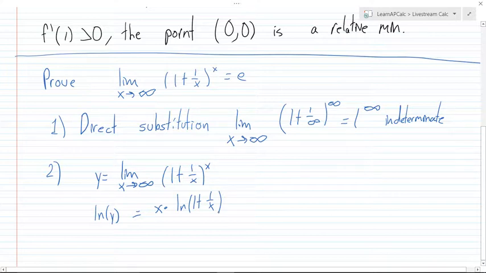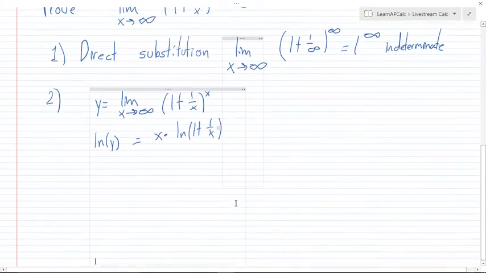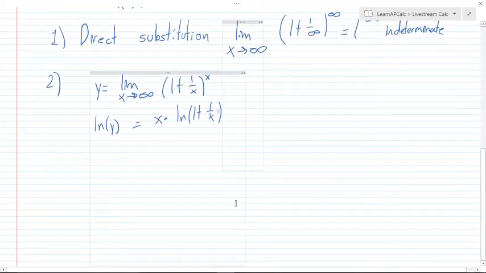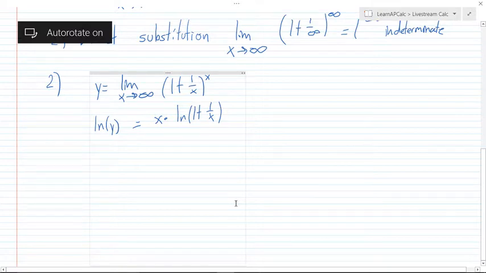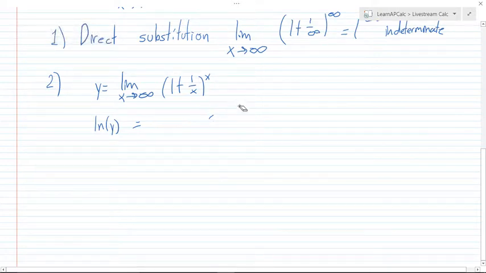Okay, so if I just give myself some more space here, I'm sorry, this should be the limit as x goes to infinity of x times ln of 1 plus 1 over x.